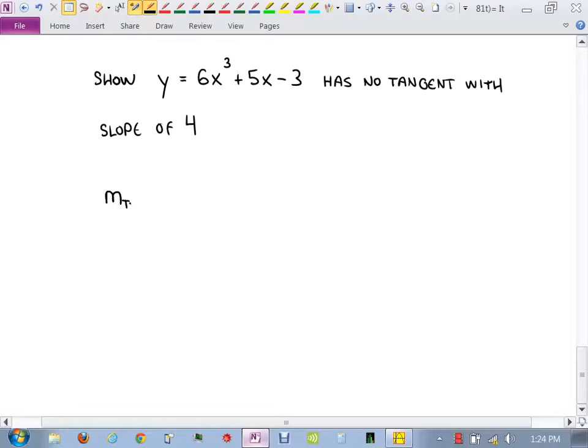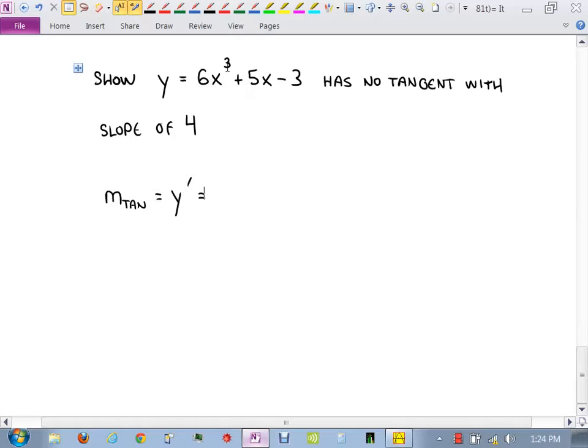The slope of the tangent line is the derivative, isn't it? And what is the derivative of this function? Now remember, we're in section 2.3, so we can use the shortcuts. So I'm going to look at the fact that I've got three terms, separated by addition and subtraction, so I can do the derivative of each one of those individually.